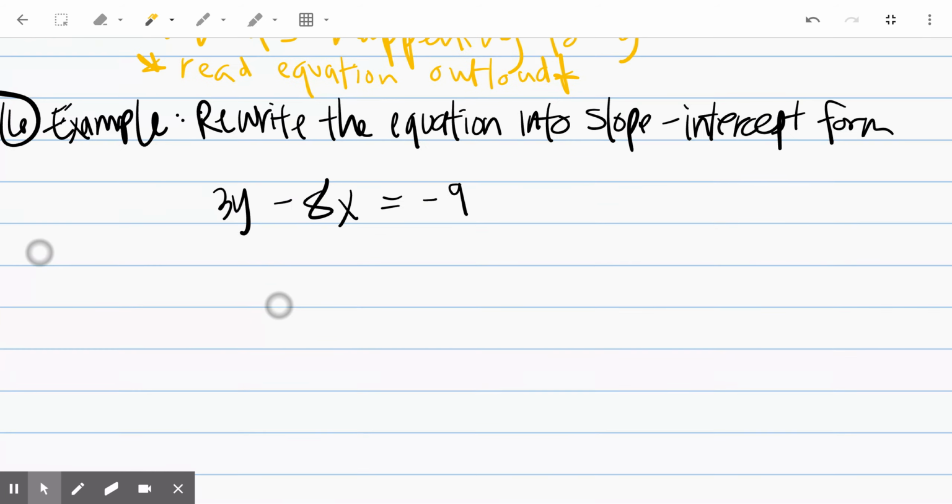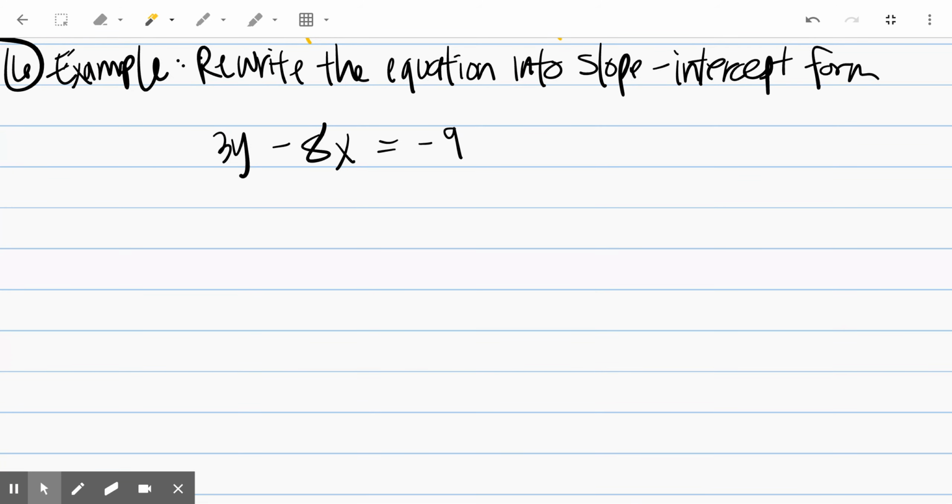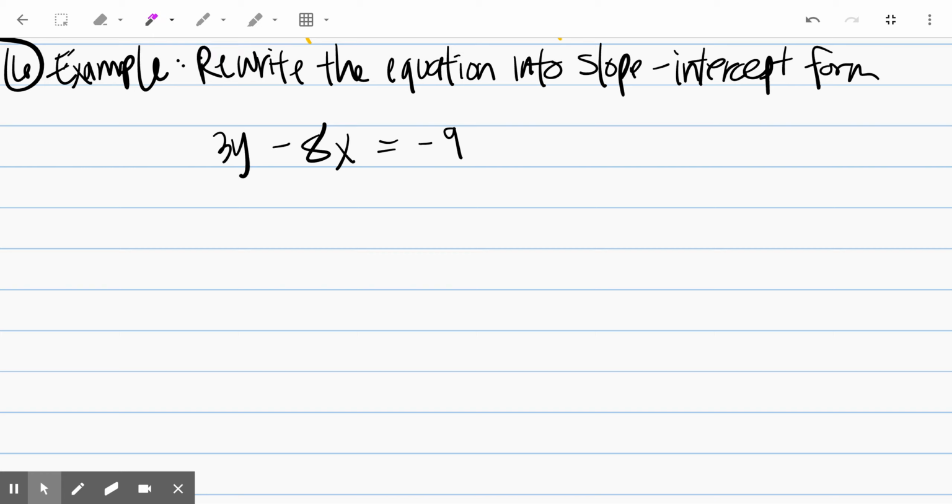So let's go over an example now. Our first example: rewrite the equation into slope-intercept form, and our equation that we're given is 3y minus 8x equals -9. I'm going to use purple on this one.